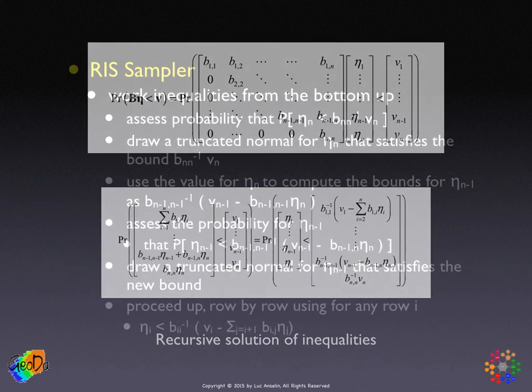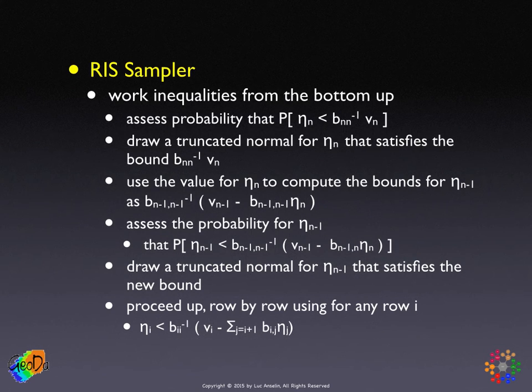So to summarize this, the RIS sampler, and there's some technical aspects to the sampling that I won't delve into. The reason why it's called a recursive importance sampler is a particular way of drawing the random variables, but we won't get into this. So basically, the key is that we work the inequalities from the bottom up.